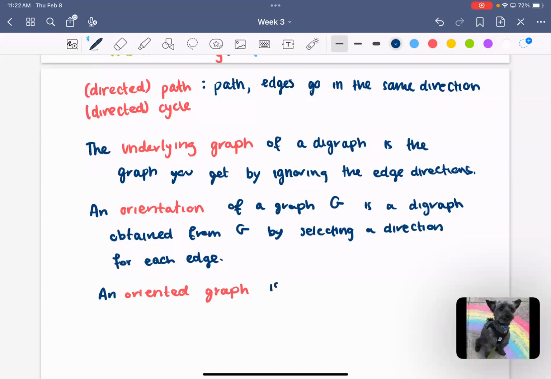So this is just, you can either think of it as an orientation of a simple graph or as a simple digraph, these are equivalent.